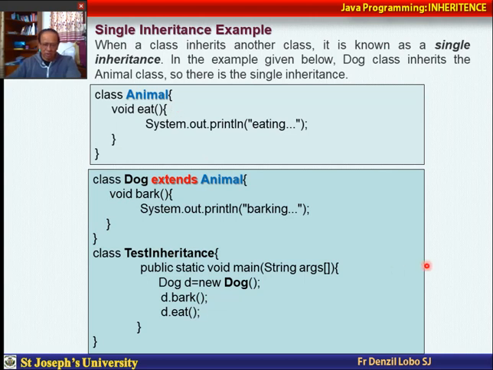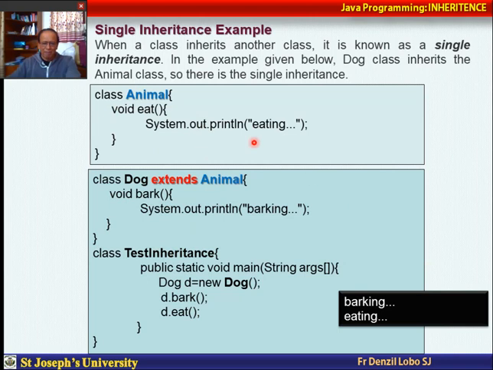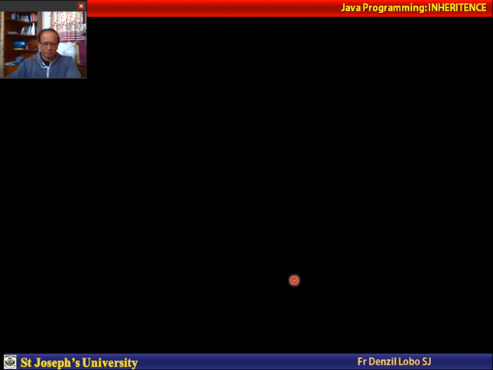It is going to print barking and eating here. So both of them are displayed here. And as you see, this is an example of single level inheritance. The dog inherits the method eat of animal, and as you see, it is printed here. Thank you.